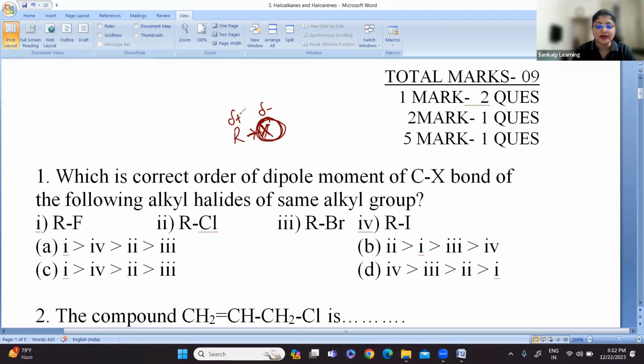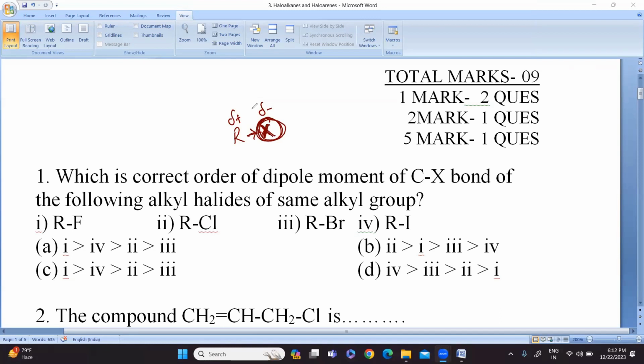So the electronegativity difference arises between the carbon and the halogen. This plays a very important role in determining the dipole moment.